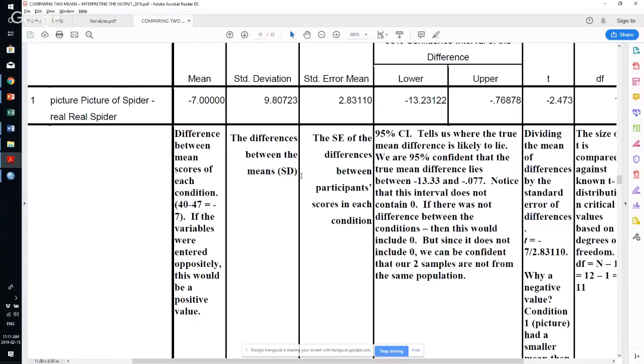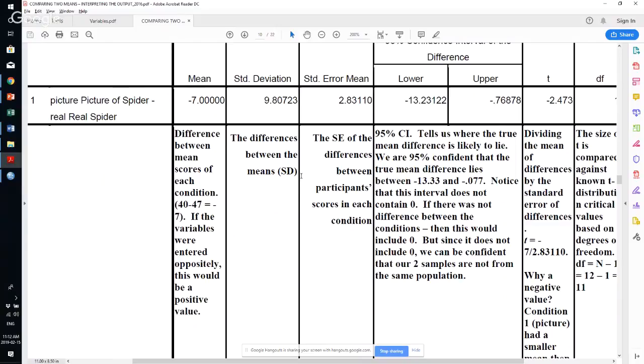So if you see your confidence intervals, you want them to have the same sign. If they're both negative, it's statistically significant. If they're both positive, it's statistically significant. If they cross 0, it's not. Okay, I apologize for messing that up. Is that clear? Okay, sorry.